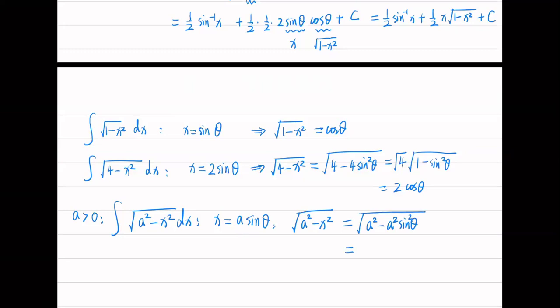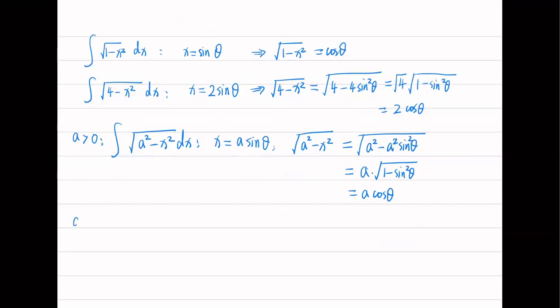So we take a square root, it will be a, because a is positive. A cosine theta. Again, this helps us get rid of the square root, because the square root is a troublemaker.